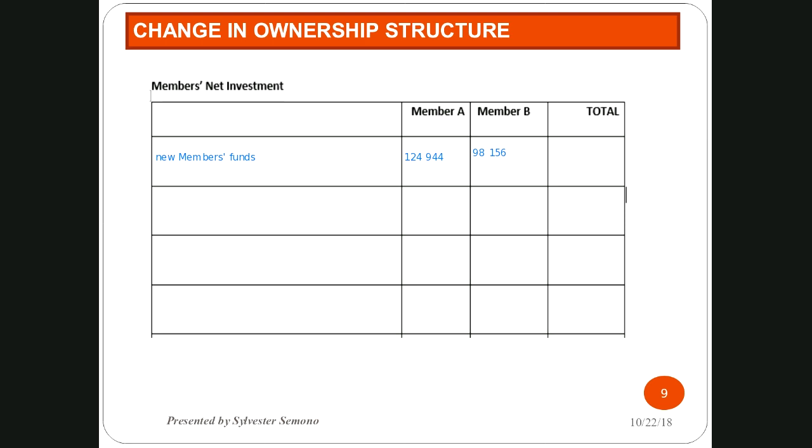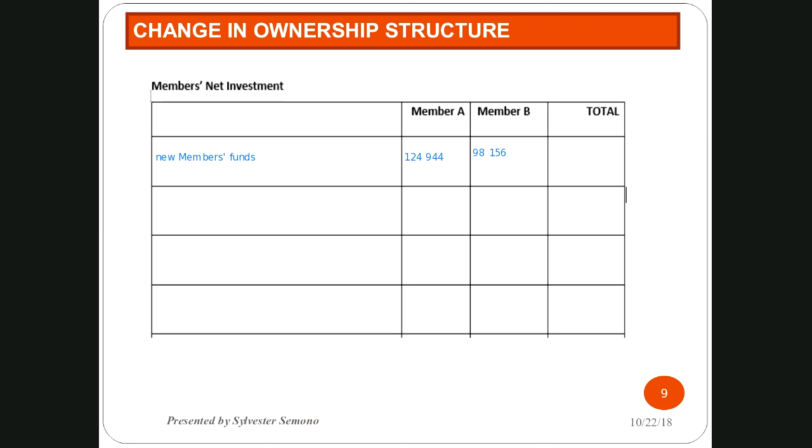Please use the calculator and add for us. 223,100. Okay, this is the first thing that we need to do. We put the total net members funds. Thank you very much.